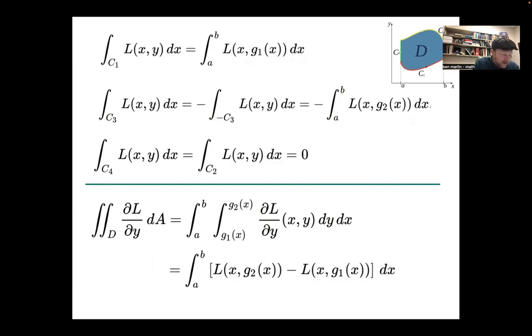And then you can throw the zeros in. And so that tells us that the double integral of the partial of L with respect to y dA is going to be equal to the integral around the boundary in that counterclockwise direction. Okay. So something similar can be worked out for the M's as opposed to the L's, but it's going to be the same kind of idea.